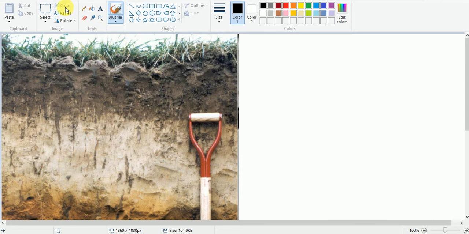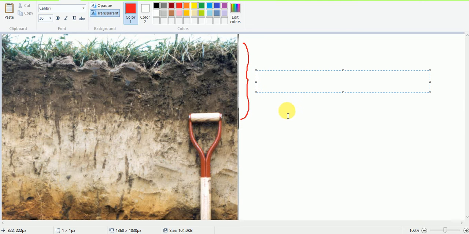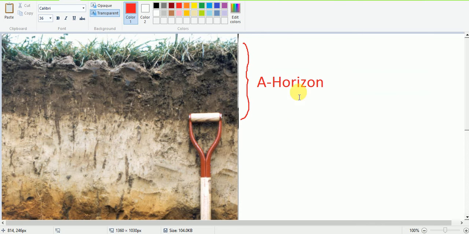See here, this topmost layer somewhere up to here is known as A horizon.